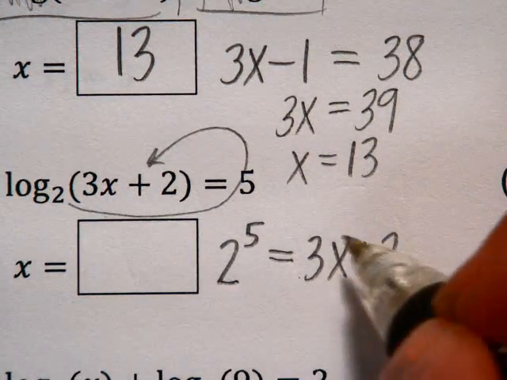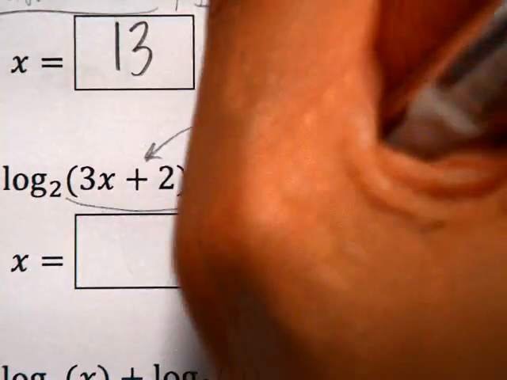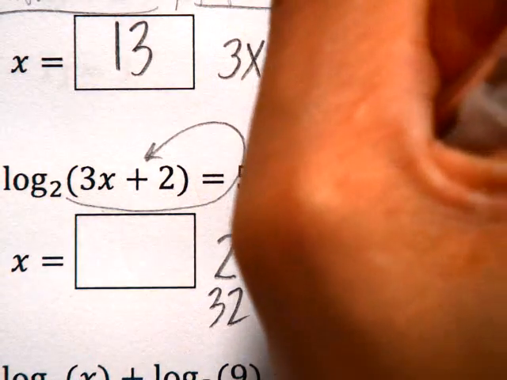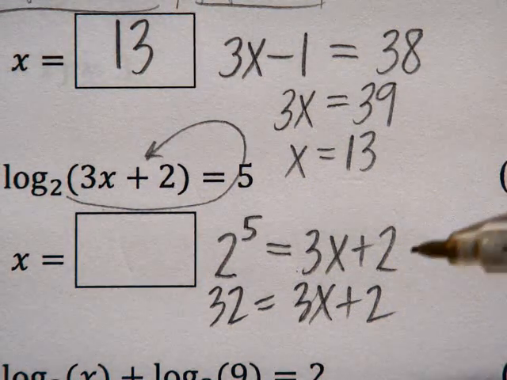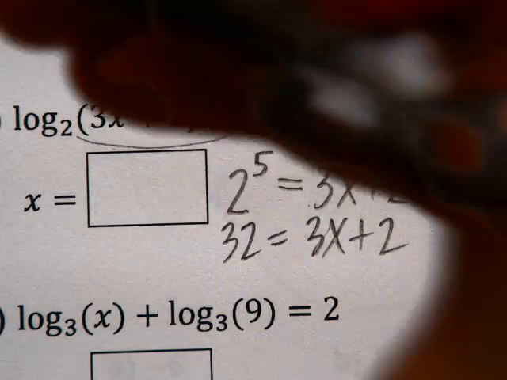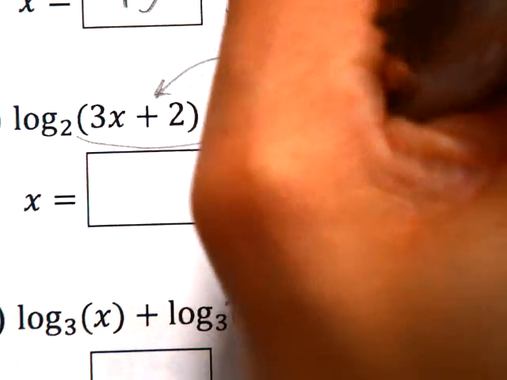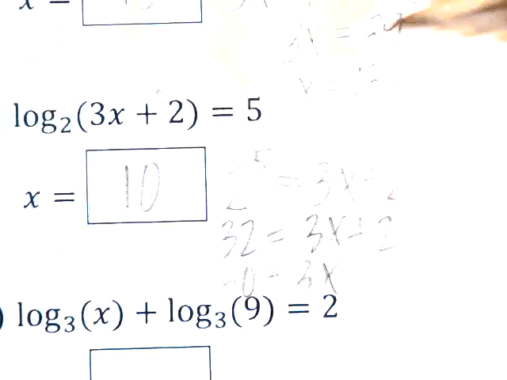I don't know what 3x plus 2 is. I'm not going to worry about that, but I'm going to definitely take care of 2 to the power of 5. That's 32 equals 3x plus 2, and hopefully now your algebra instincts have kicked right in, because you can tell yourself, oh wait, I know how to solve for x. I could move the 2 to the other side. I could divide both sides by 3, and we end up with x is 10.